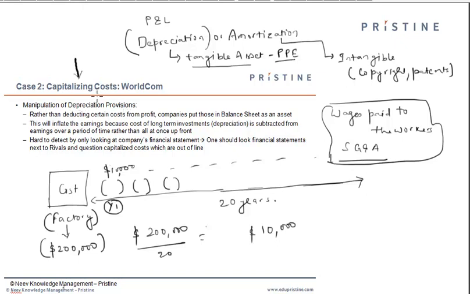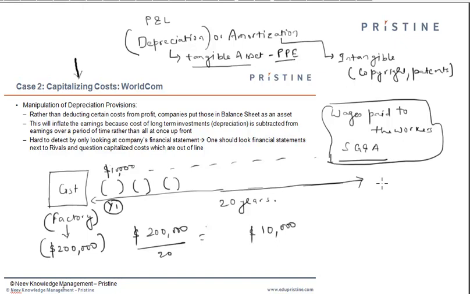So rather than deducting certain costs from profit, companies put those in the balance sheet as an asset. Let's say the company spends $10,000 in the form of wages paid to the workers and SG&A expenses.